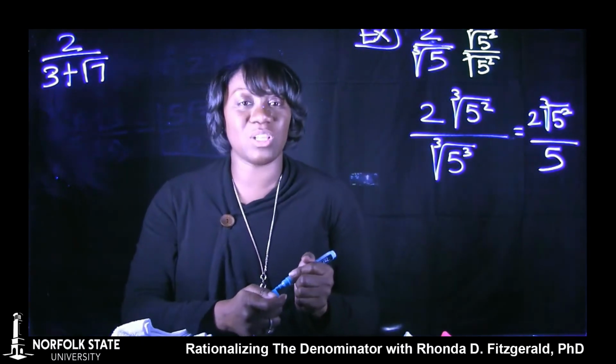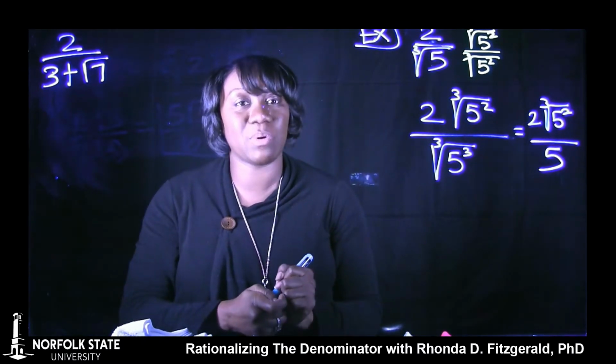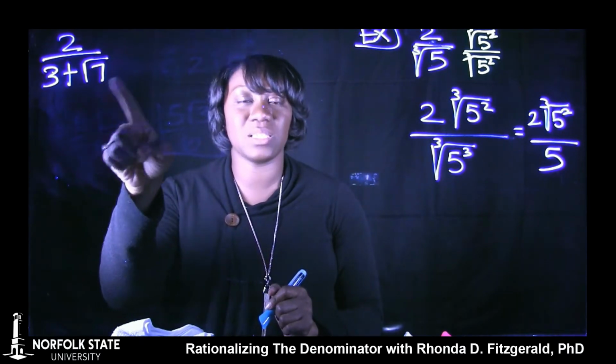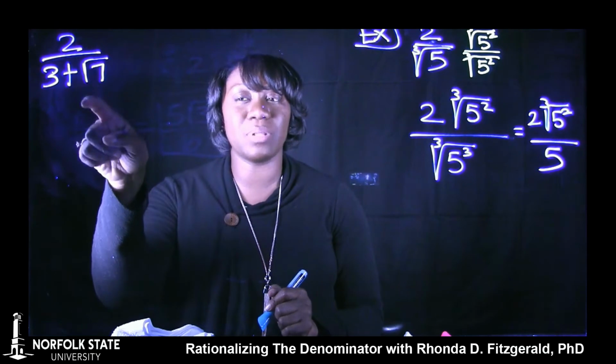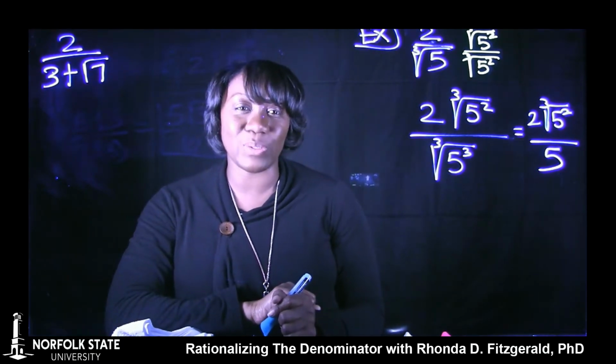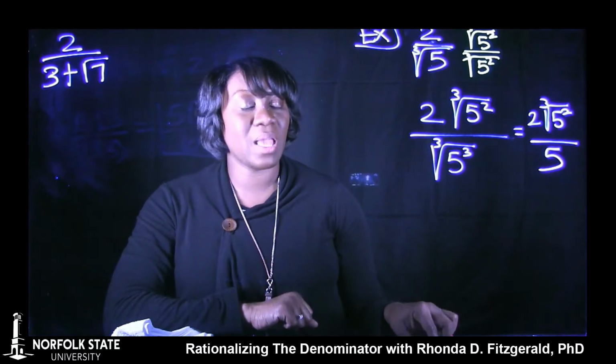Now this problem looks a little bit different from the previous problems that we've looked at because now I have 3 plus the square root of 7. So I have a plus or a minus along with our radical. So this becomes a little bit different.